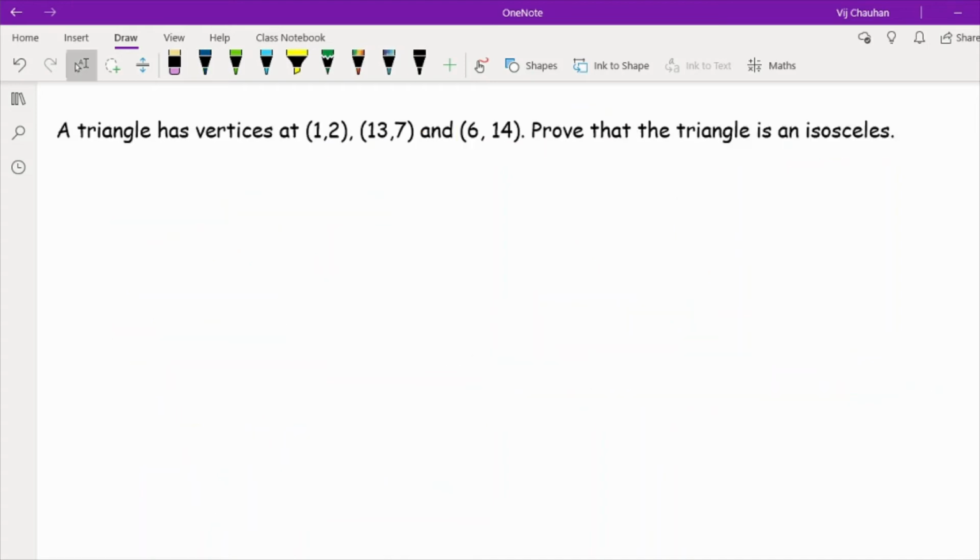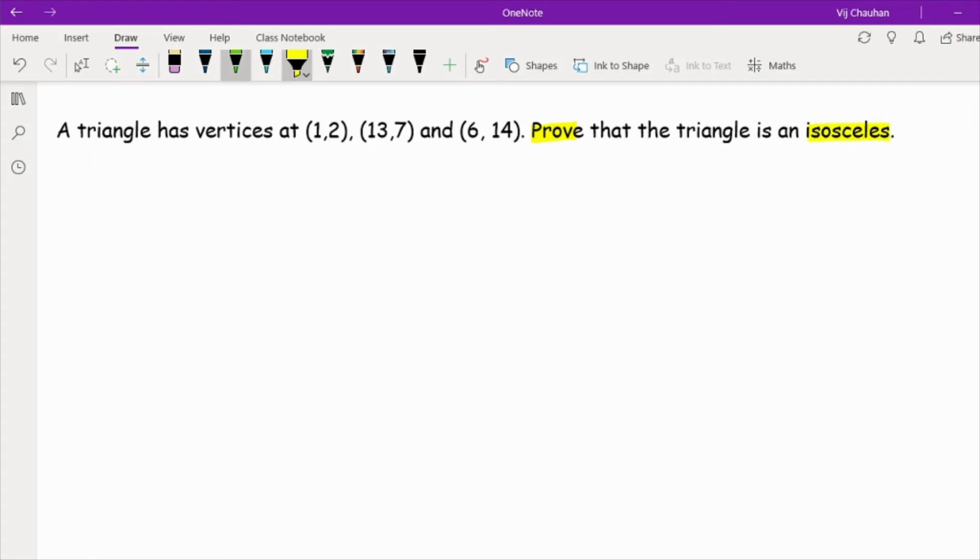So in our next example, what we've got here is another problem solving question, another proof question, simply because it says the word prove. So here it says that a triangle has vertices with coordinates of (1, 2), (13, 7) and (16, 14), and we've been asked to prove that this triangle is isosceles.